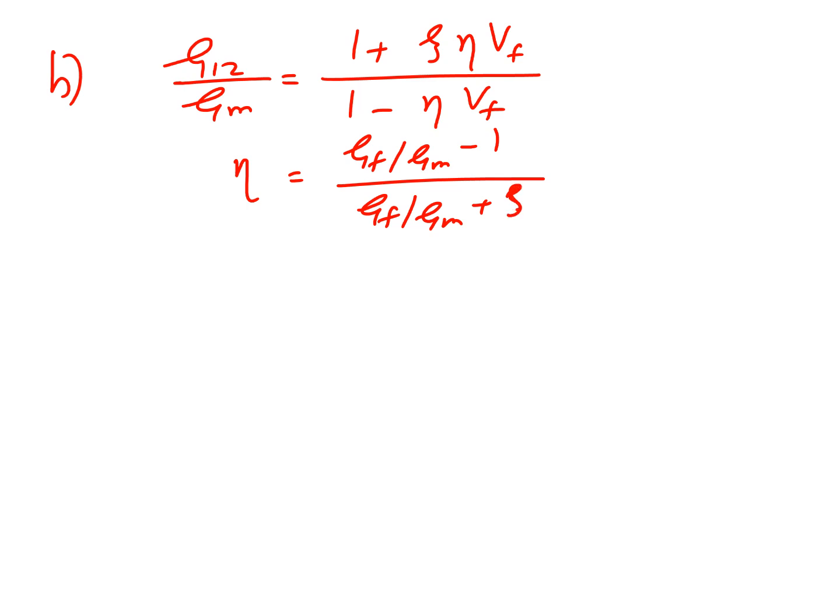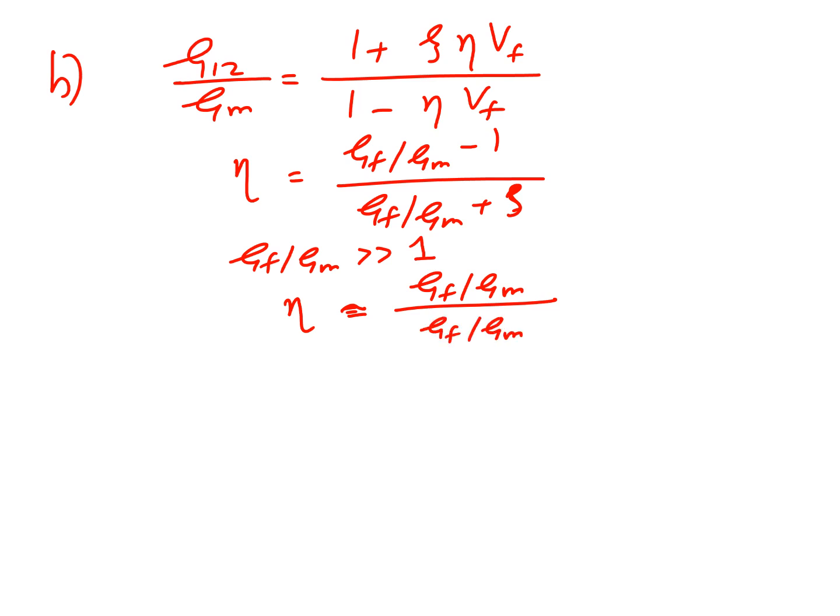And as you can see, if GF by GM is much, much greater than 1, neta will be approximately 1, because GF by GM will be much greater than xi. Xi is 1 actually. So xi is equal to 1 for circular fibers in a square array for G12.